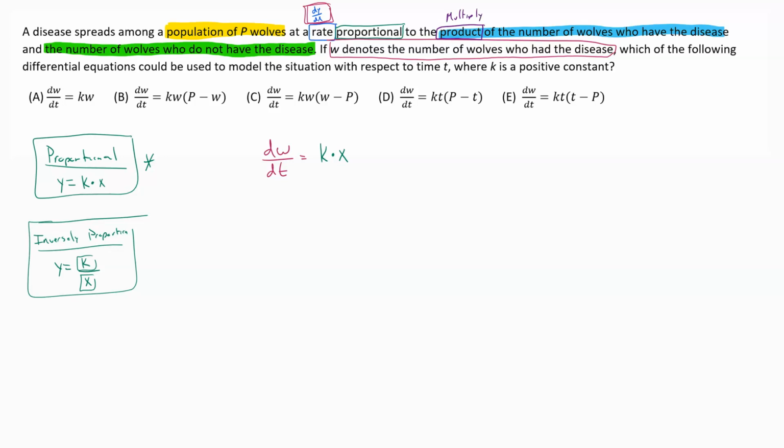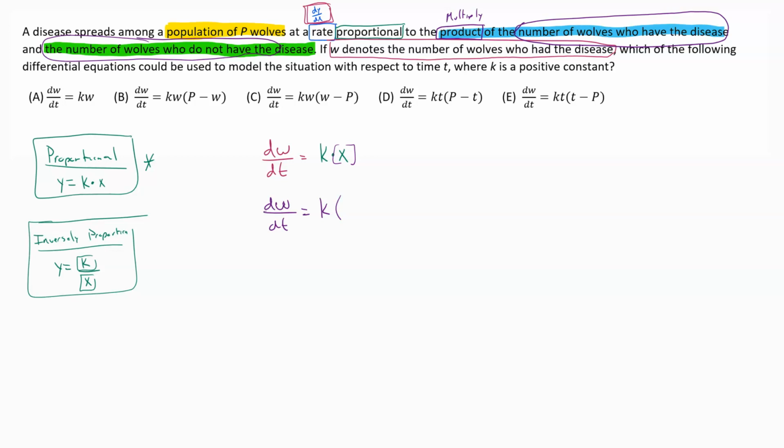So we need to multiply the number of wolves who have the disease by the number of wolves who do not have the disease. So you'd come through and you'd say, okay, I've got some of this. I've got the dW dt. The k is always there. That's a constant. That's where the proportional piece comes in. And now I need to put in this equation here. So this is where the product comes in.